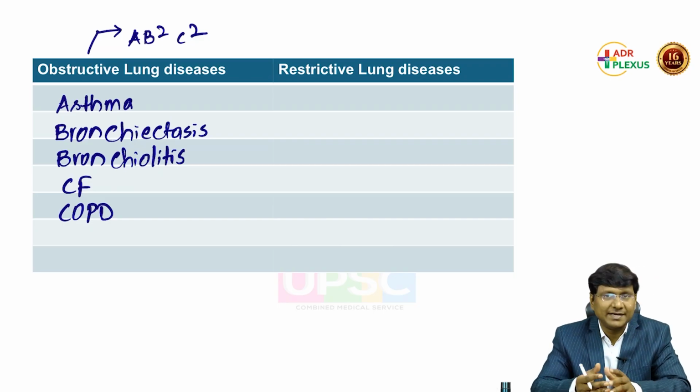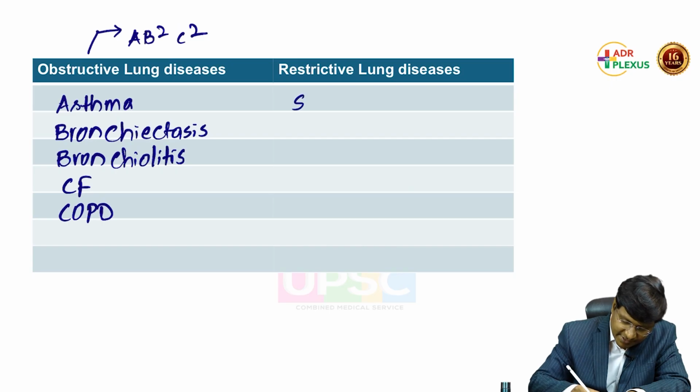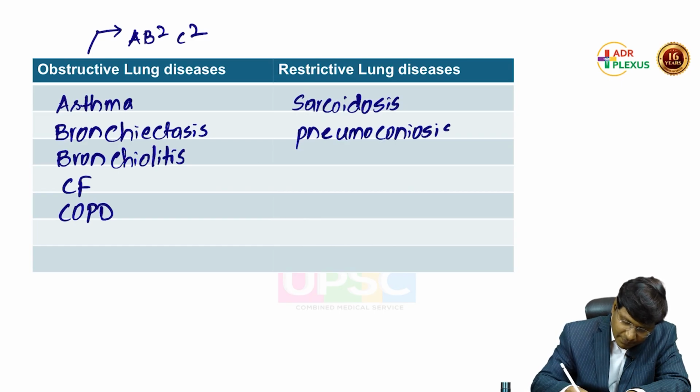Then coming to the examples of the restrictive lung diseases. The examples of restrictive lung diseases include number 1, sarcoidosis, then pneumoconiosis, right?